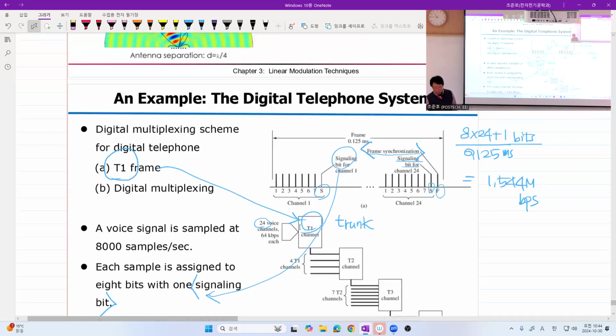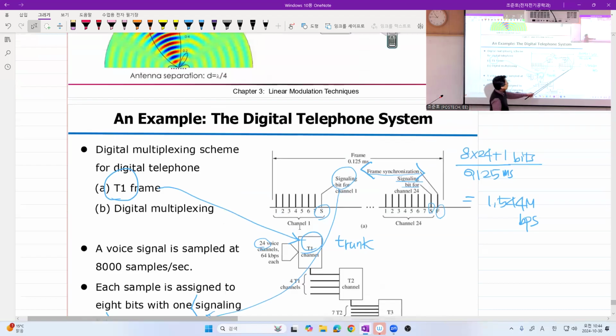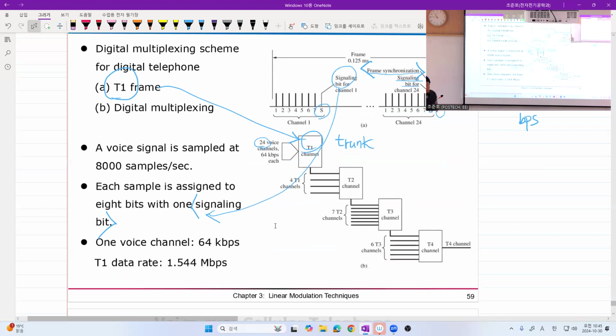And you can easily compute that due to this extra F bit, your bps is not 140 something, it's 150 something. You can compute. Anyway, so this is the way that home telephone works.